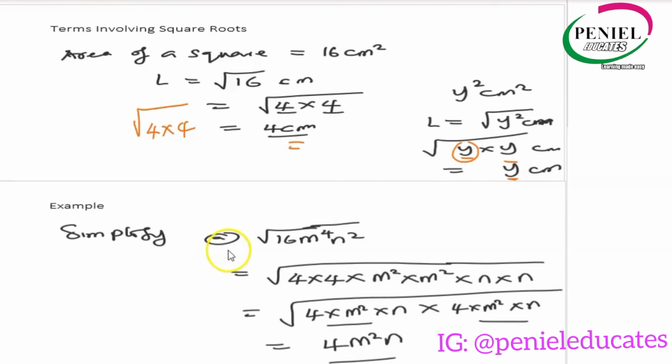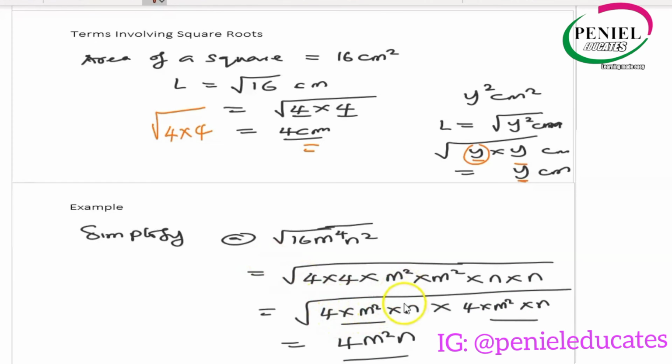So if we look at this now, we have to simplify this. We have 4 multiplied by 4, that is the 16, times m square multiplied by m square, that one also can go. Then we have n times n. Then the square root will be 4, m square, then n. Normally the square root of 16 is 4.